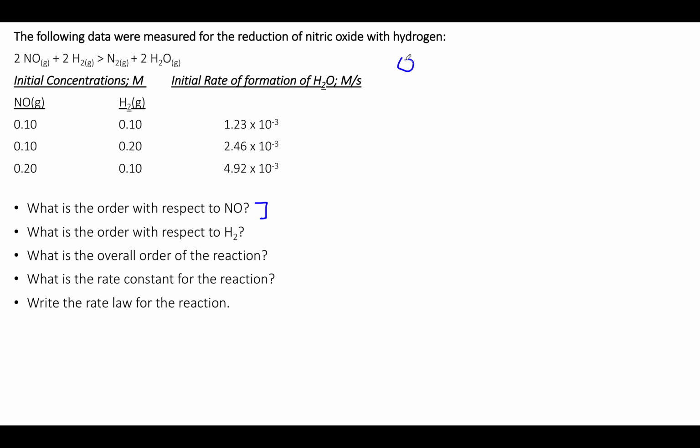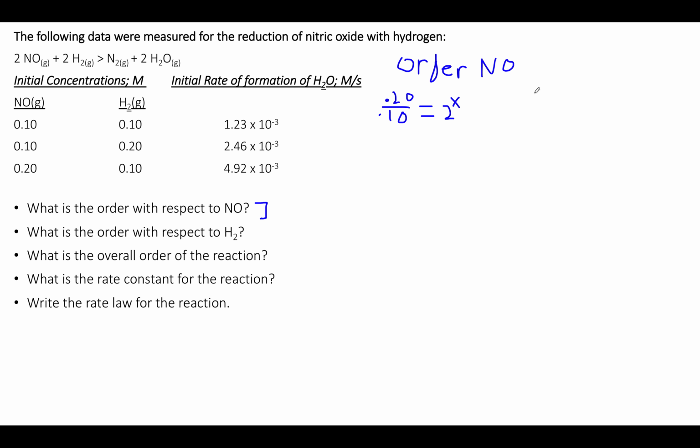So, order with respect to nitric oxide. The first thing I'm going to want to do is find the jump in my concentration. So I'm going to take the 0.2 and divide it by 0.1, just taking the bigger number over the smaller number, not the opposite, or else you'll get fractions. And I get 2. So what I want to determine is 2 to what power will give me my change in formation.